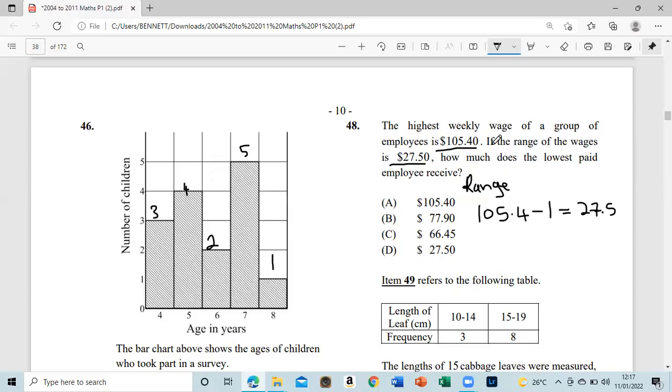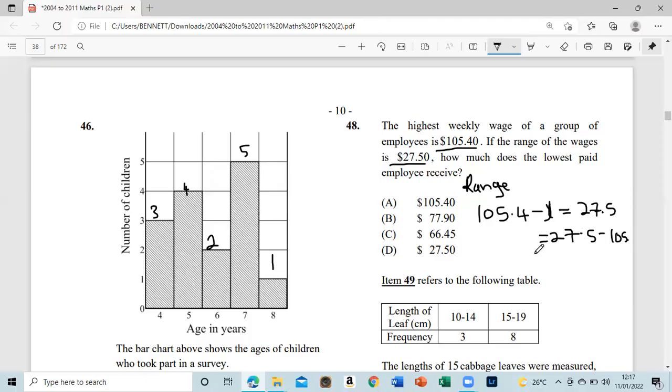So the range, let's see. The highest weekly pay is 105.4. If the range of the wages is 27.5, how much does the lowest paid employee receive? So we need to add what to 27.5 to give this. I use a calculator and minus 105.4. Even though I get a negative number, I could call this x.